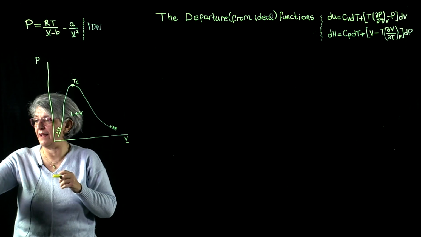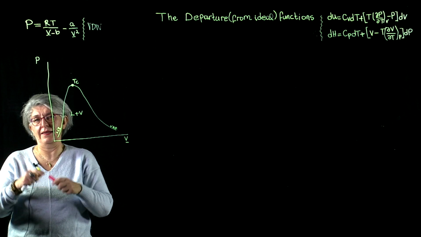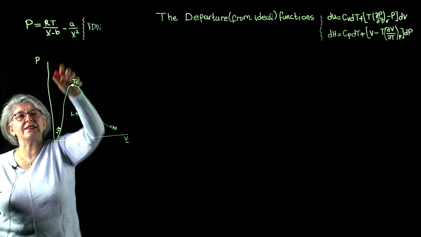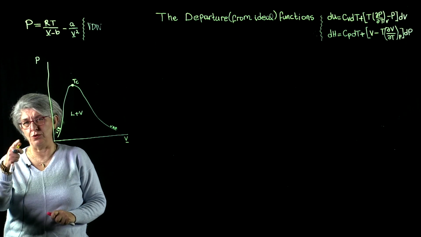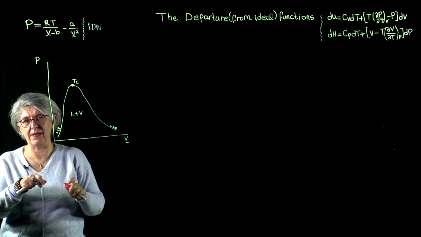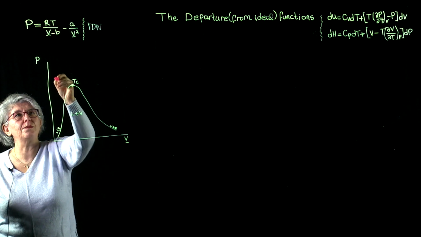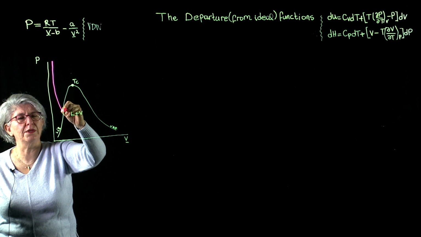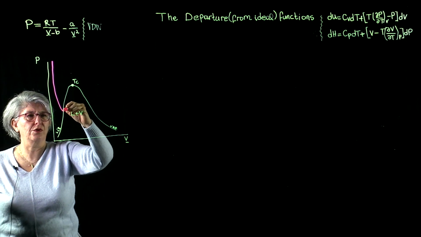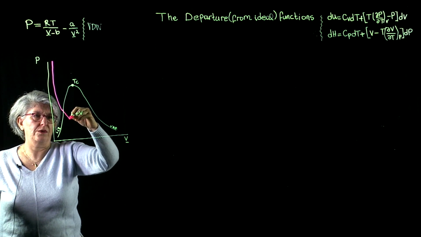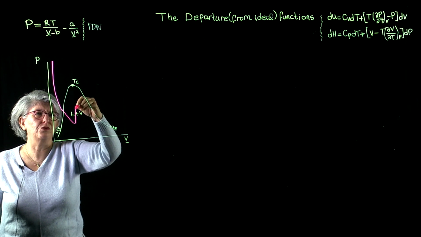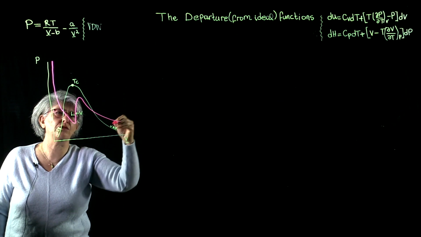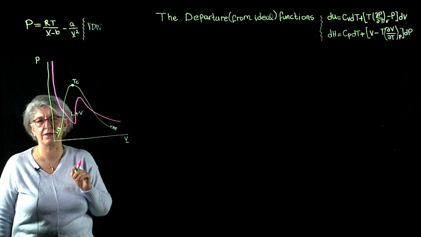Now, when I have a cubic equation of state such as this, it is going to give me the isotherm in the following form. It is going to cross, but this is going to go through a minimum, another maximum, and it is going to cross to the other side.